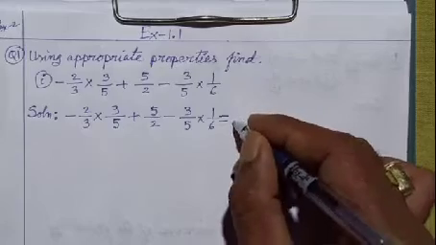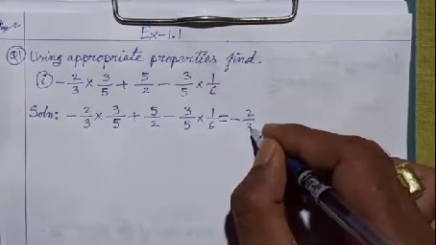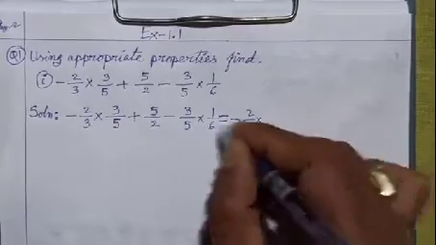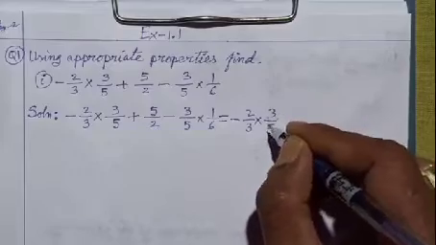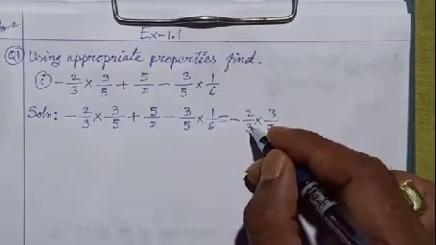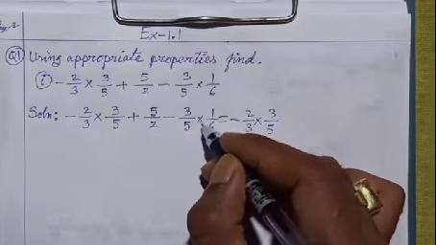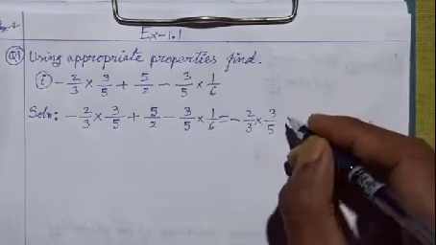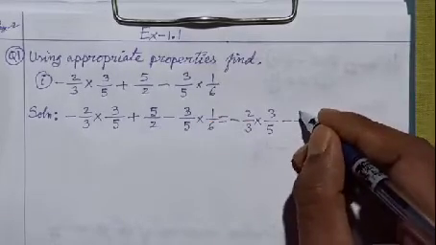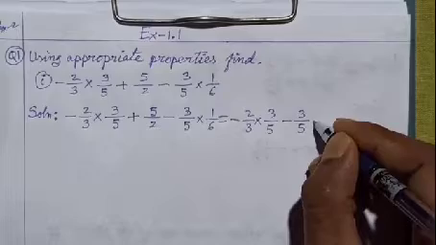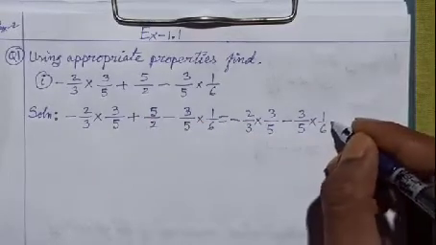Then we can write as minus 2 by 3 into 3 by 5, and by using commutativity, 5 by 2 and minus 3 by 5 into 1 by 6, we change their order. Then we can write as minus 3 by 5 into 1 by 6, then plus 5 by 2.